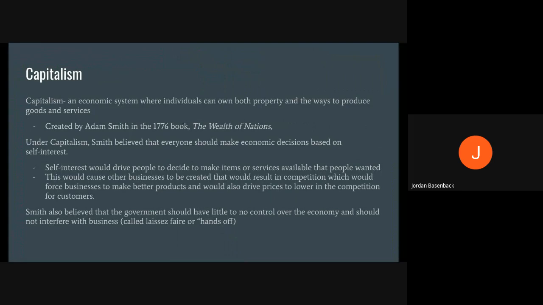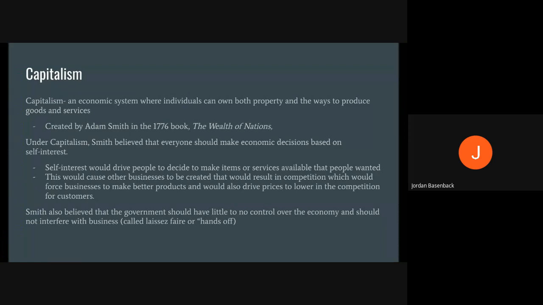If one gas station lowers their price, then that's going to drive everyone to go there because they want to pay less for gas, right? And so this is going to cause the other gas station to possibly lower their gas prices as well, so that they can get more people to buy their gas. In the end, this is a net good for people under these theories.